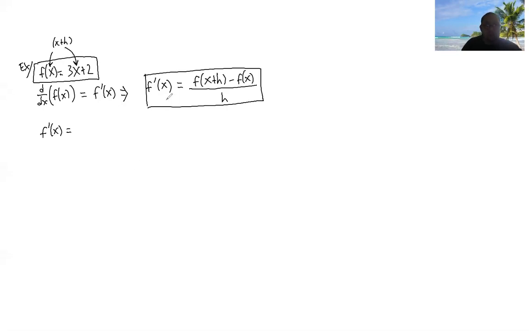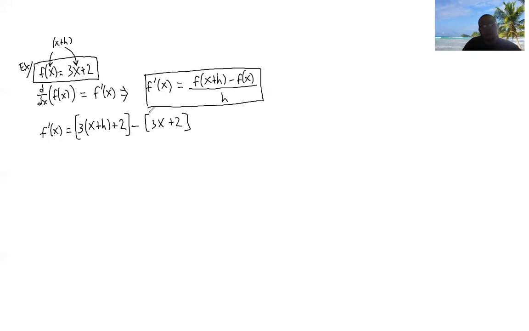So for this term, it's going to be 3 times x plus h plus 2. This entire thing is this term, f of x plus h. Now we're going to subtract our original function. So just this entire thing, 3x plus 2, minus 3x plus 2.